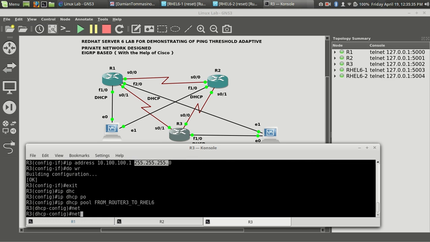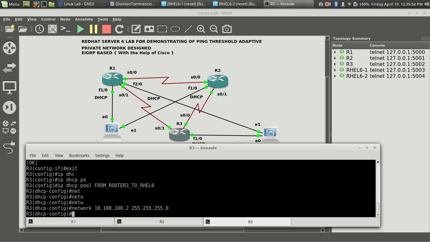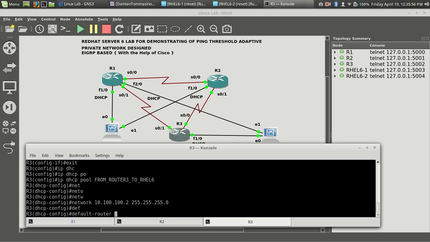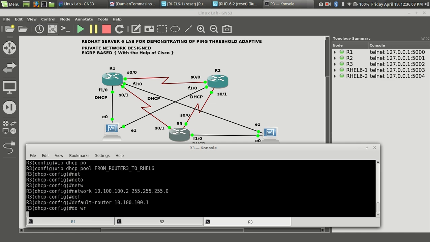The network I would like to advertise is 10.100.100.0. Subnet mask would be 255.255.255.0. If I need any gateway, default router 10.100.100.1. This is my default router. Okay, fine. Then save this configuration.